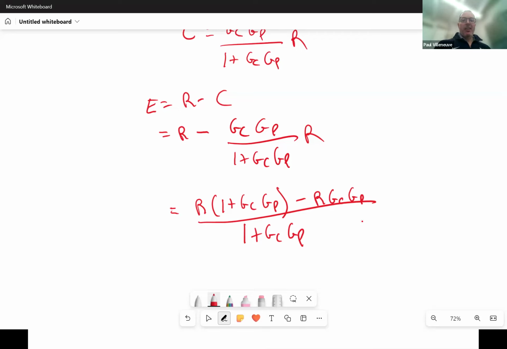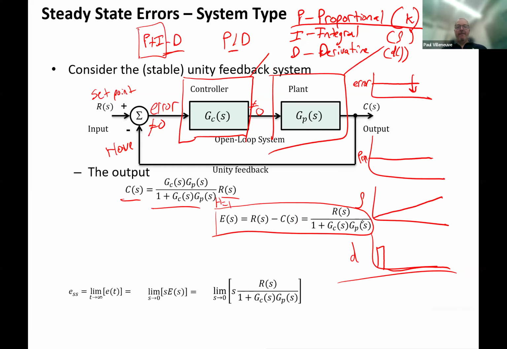Now I can see this is R times GC, GP. This is minus R times GC, GP. So those two go away. And what I'm left with is R times 1 over 1 plus GC, GP. Which, if I go back to here, is what I calculated. Any questions on that? See how I got that?